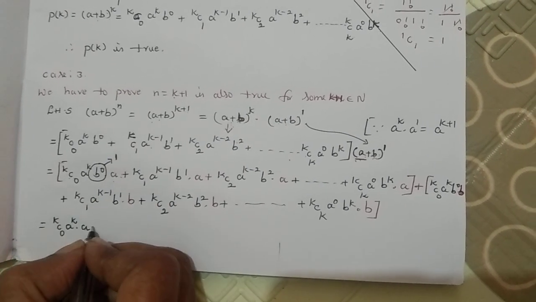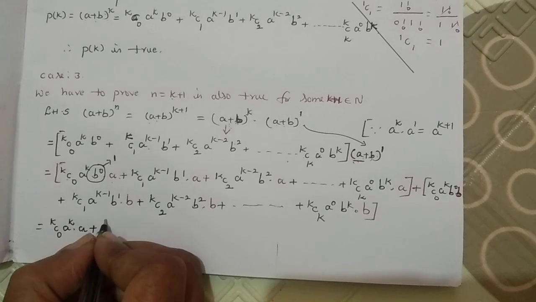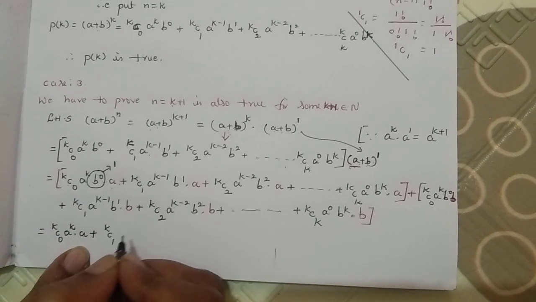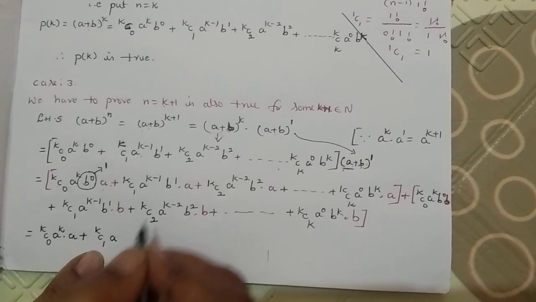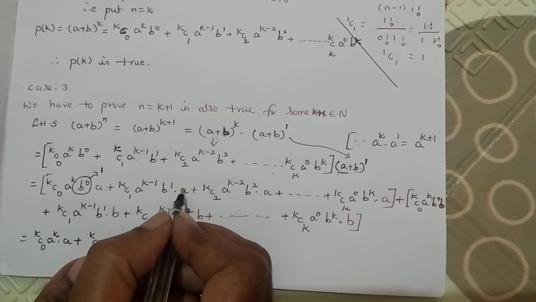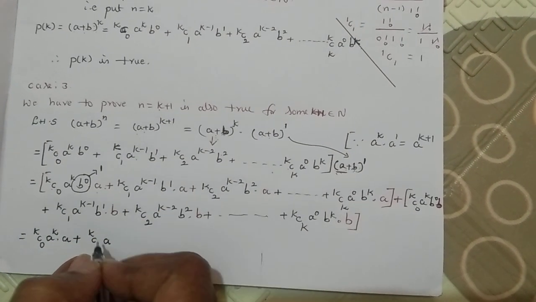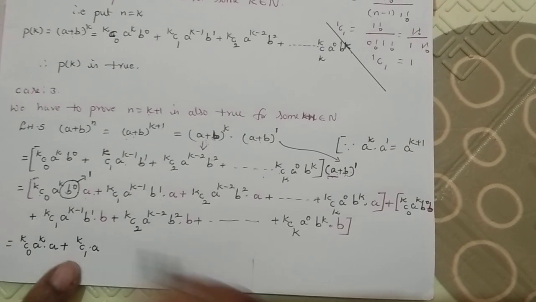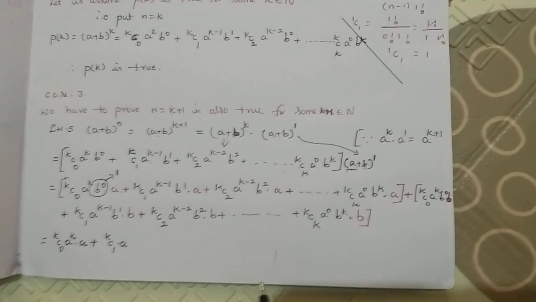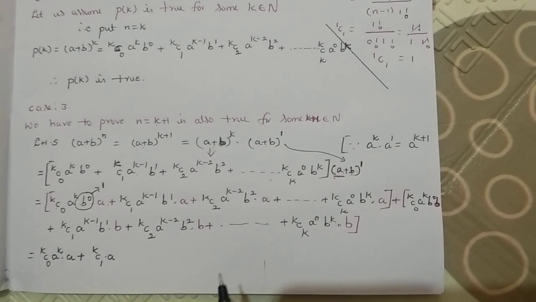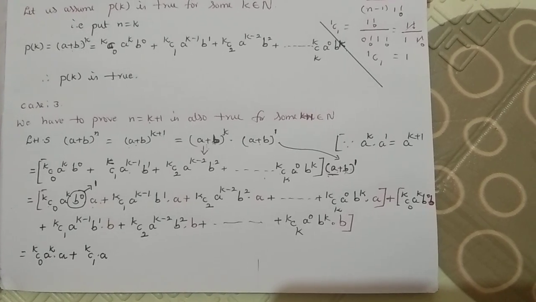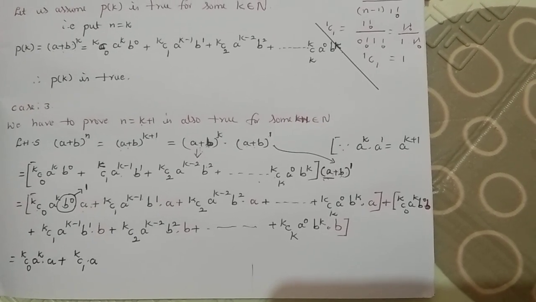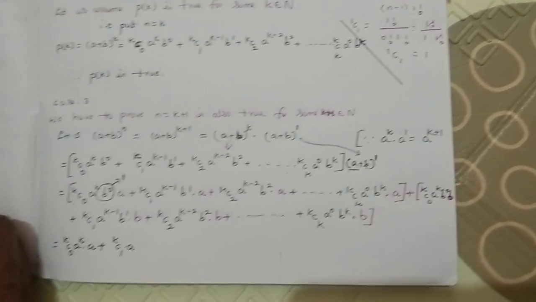This plus kc1, a to the power k minus 1, and here one a is there. Same logic I am applying: bases are same, add the powers. Let me do the rough work here.